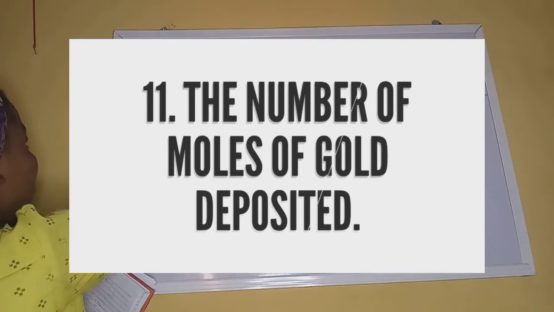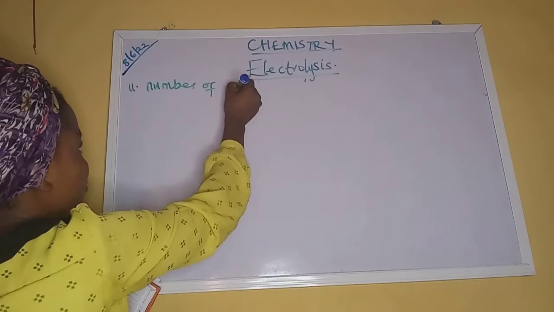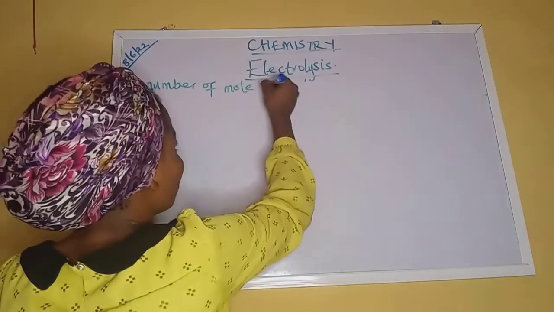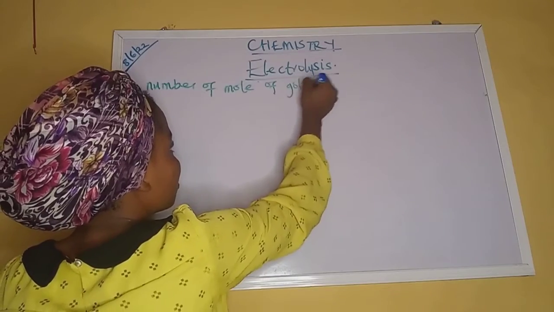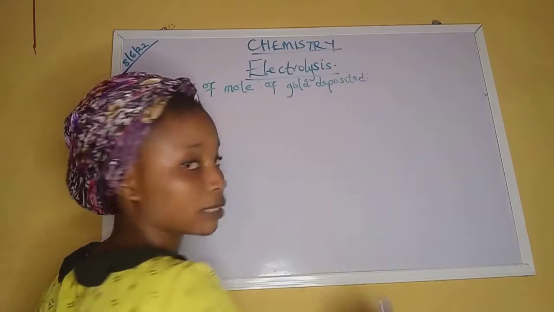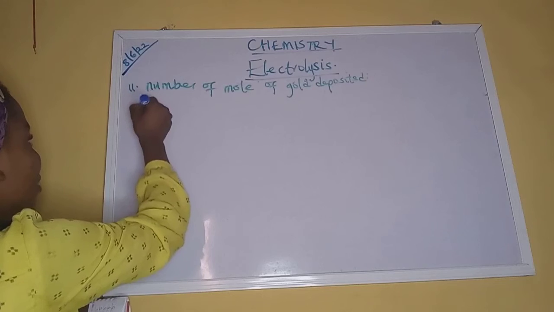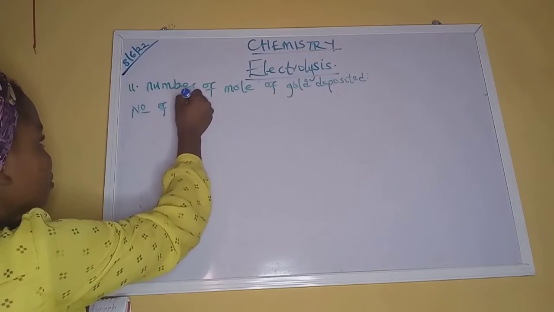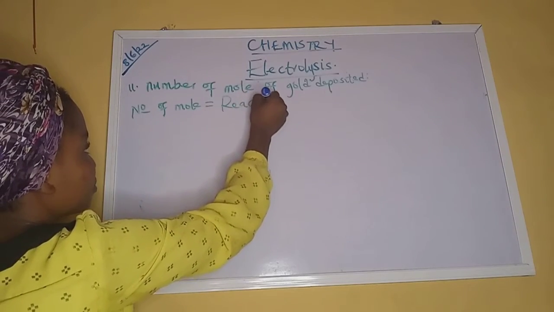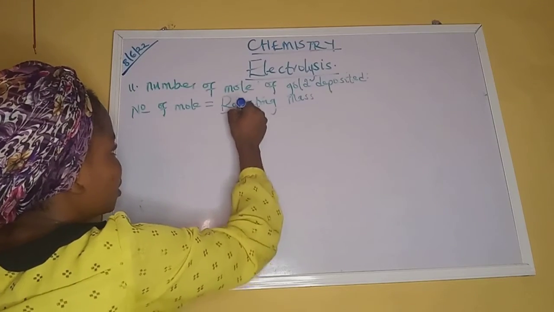The next question says number of mole of gold deposited. Therefore, in chemistry we have number of mole to be reacting mass over molar mass.